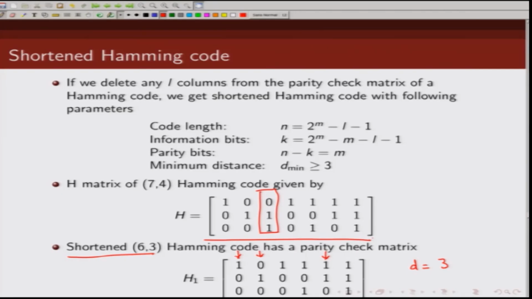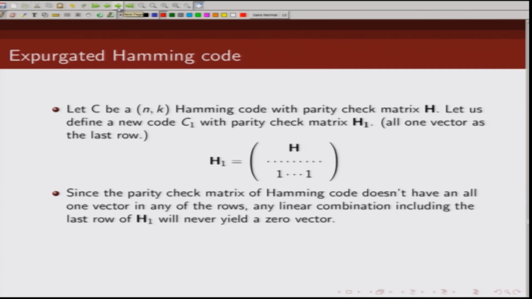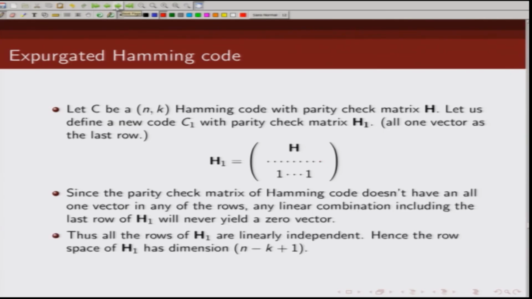So, when I add an all-ones row, essentially the rank of this matrix will be 1 more than the rank of the original matrix H, because any linear combination of the rows of the earlier parity check matrix H would not give the last row. Hence, the rank of this new matrix H1 is n minus k plus 1.